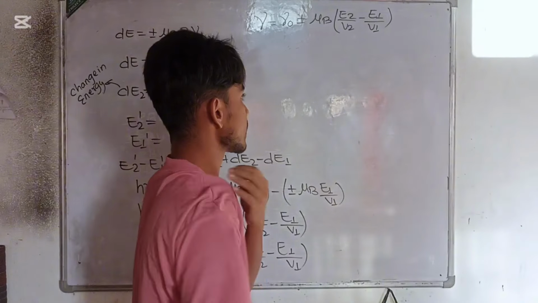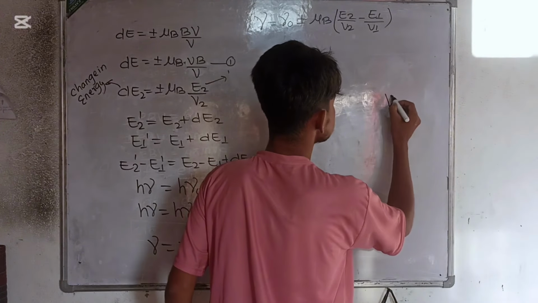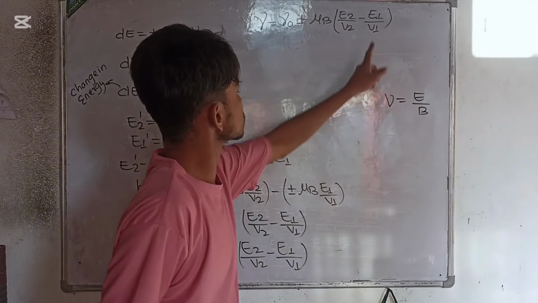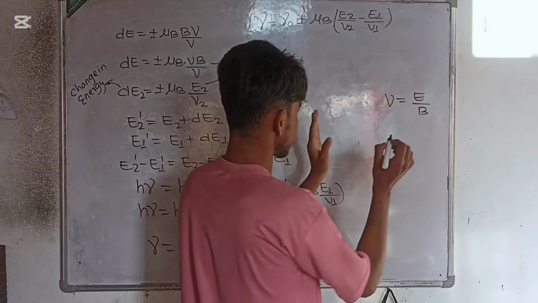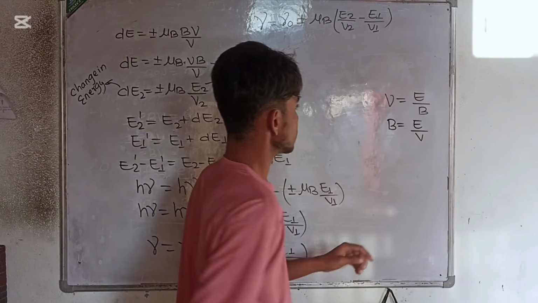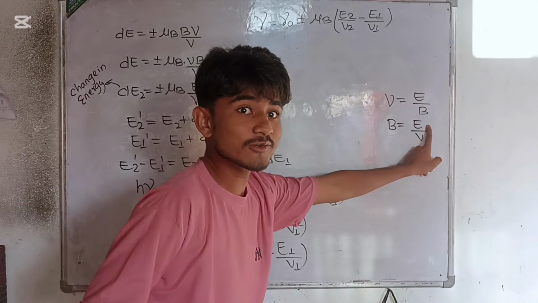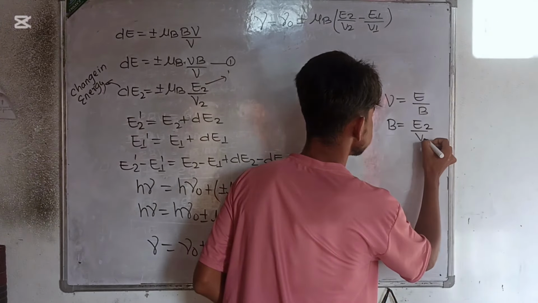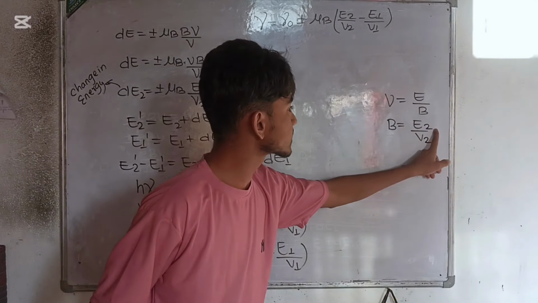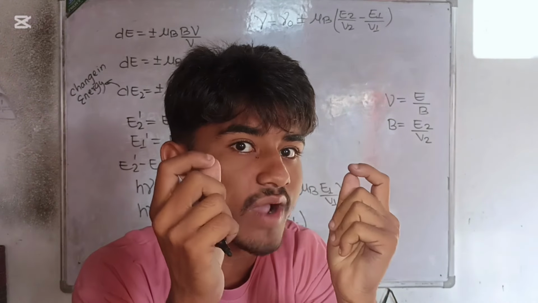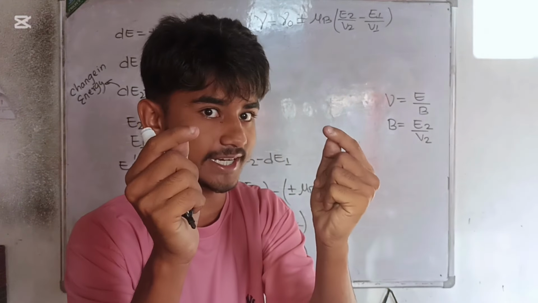Now again I am replacing this with a magnetic field. How am I going to do it? I know the velocity is nothing but the ratio of electric field to magnetic field, so B can be written as E by V. The induced electric field in the second orbit, let us assume it is E2. The induced electric field in the second orbit by the velocity of the second orbit can be replaced by an equivalent magnetic field within that orbit.